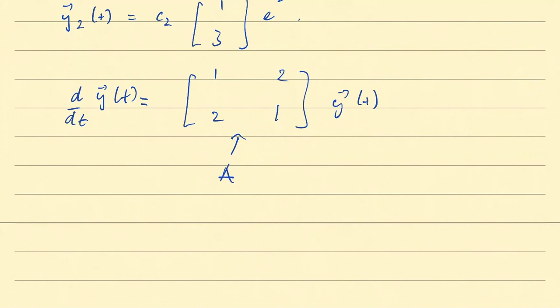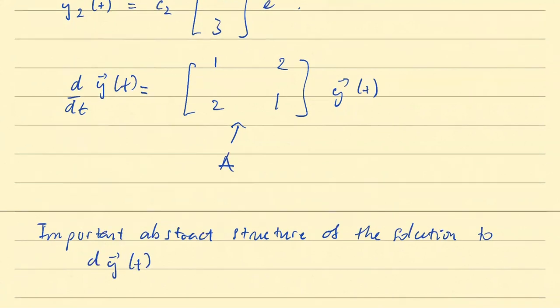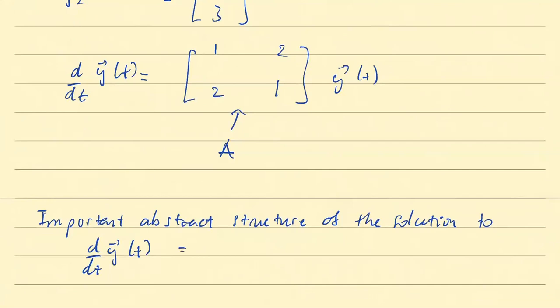Okay, so let's continue. What do we want to say? One of the important abstract structures of the solution to dy/dt equals A times y.